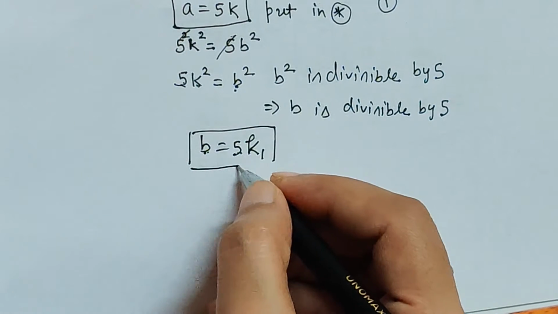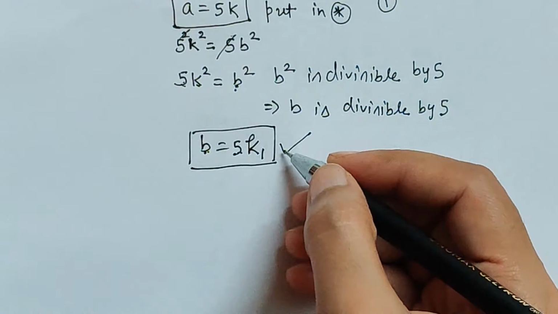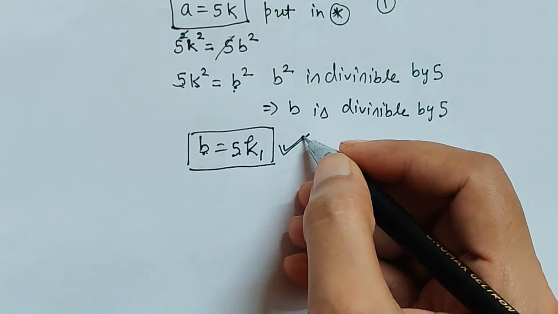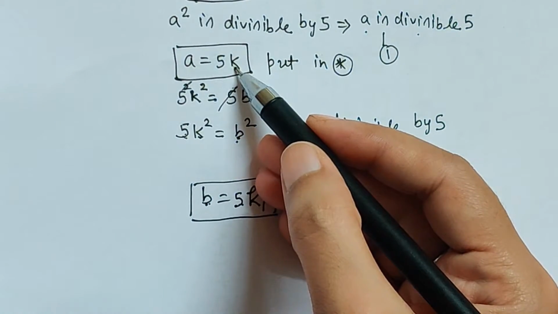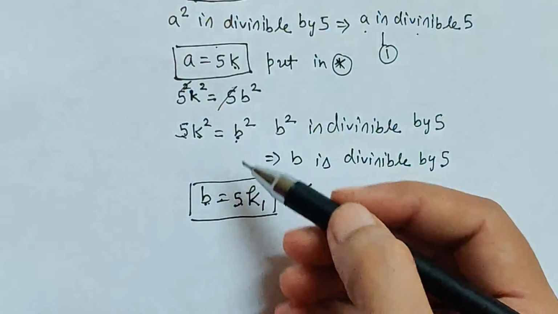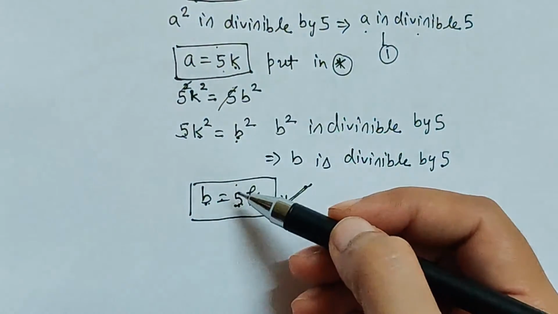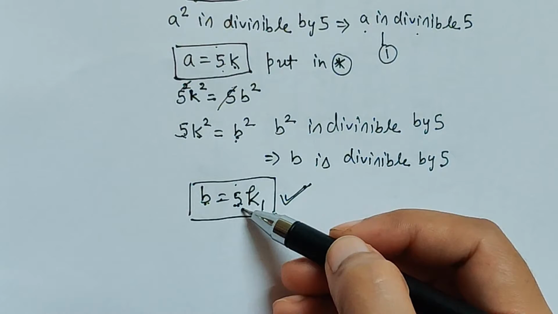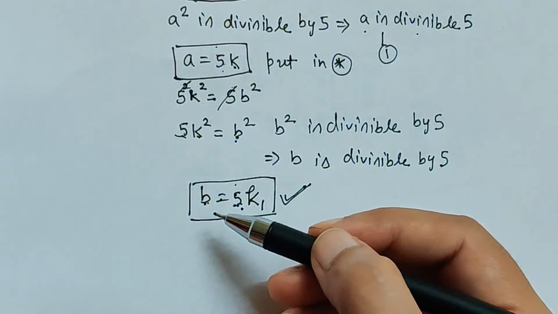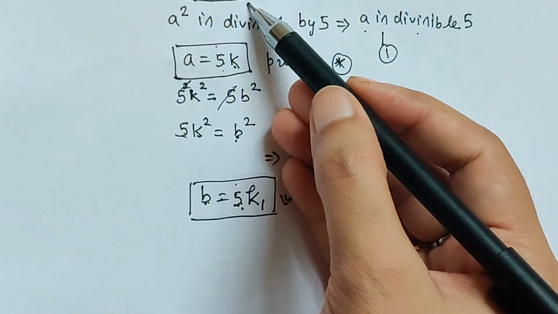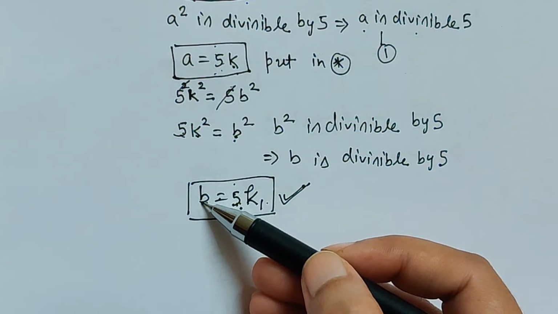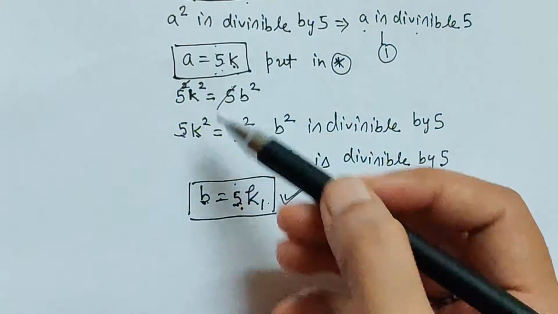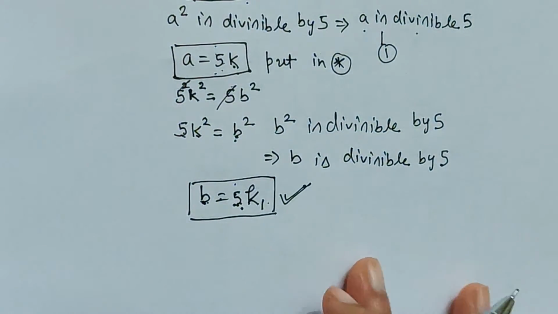Now when you see this expression, and when you see the above equation, a is equal to 5k, what do we see in these two cases? We see that 5 is a common factor of a and b, isn't it? Because 5 into something is a and 5 into something is b. But what did we assume? We assumed that a and b do not have any common factor.